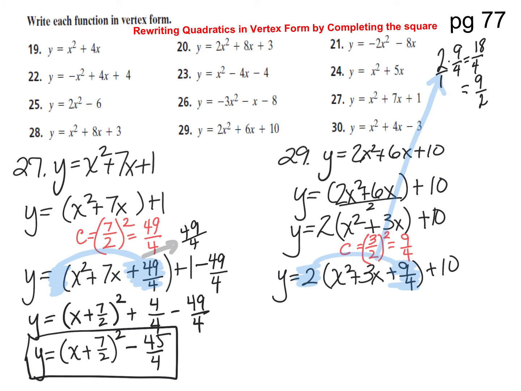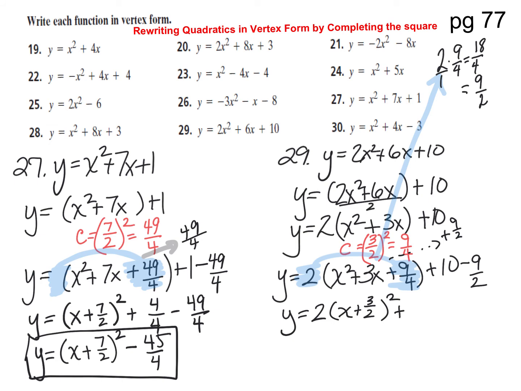So technically I added 9 over 2. So I'm going to subtract 9 over 2 to balance that equation. Y will equal 2 times the quantity squared. I've got to factor that trinomial. It factors into x plus 3/2, that quantity squared.